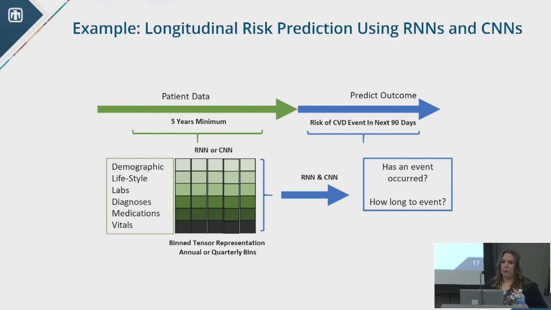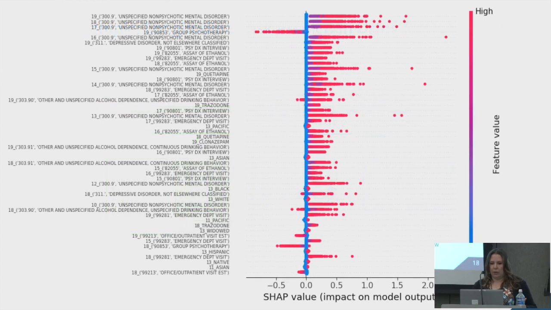And so we're building models that take 5 years of longitudinal health records and attempt to predict the likelihood of an adverse event. In particular, one of the models that we're building is to try to predict the likelihood of a suicide attempt given longitudinal health records.